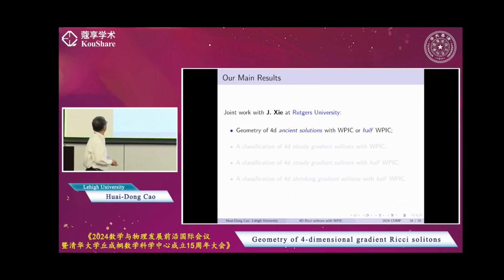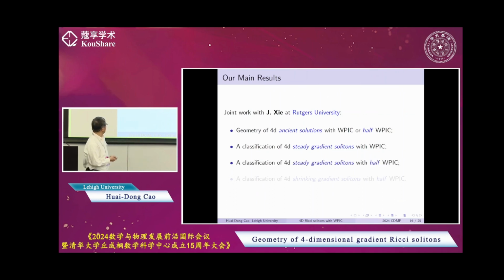The first result will be in the 4-dimensional case with W-PIC and half W-PIC. What's the geometry? We gained a little bit more understanding of the geometry. And then the partial classification of the 4-dimensional static solitons with W-PIC. And then we have two more, shrinking and static with half-PIC. We have some preliminary results.